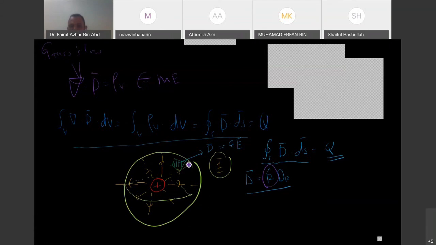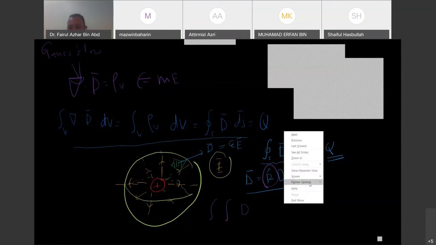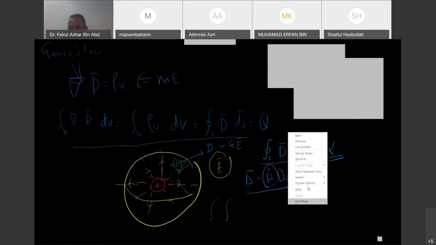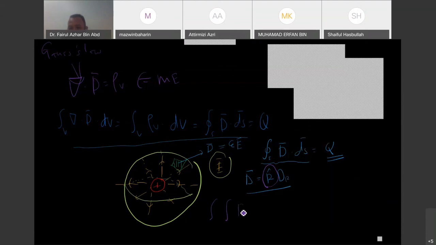So the solution for this closed integration will be equal to a double integral of D, whose general form is D_r r cap, dot dS, and the expression for the vector dS is also in the r cap direction.